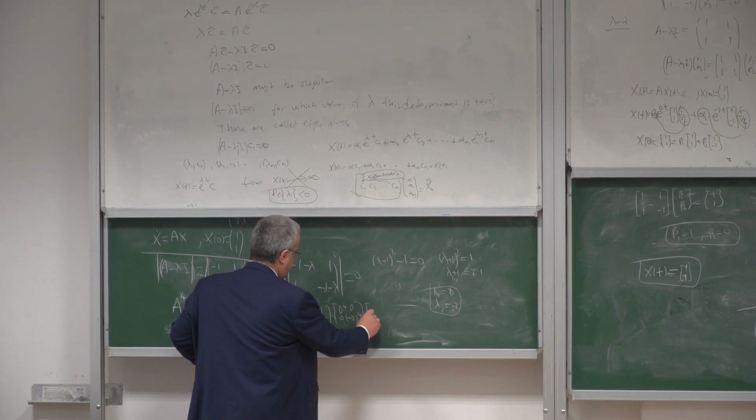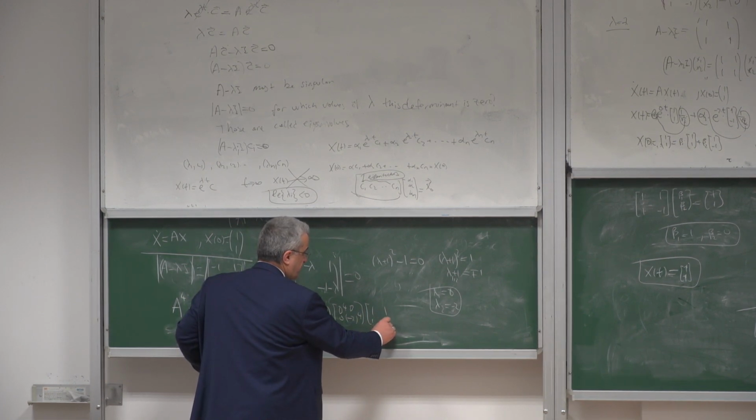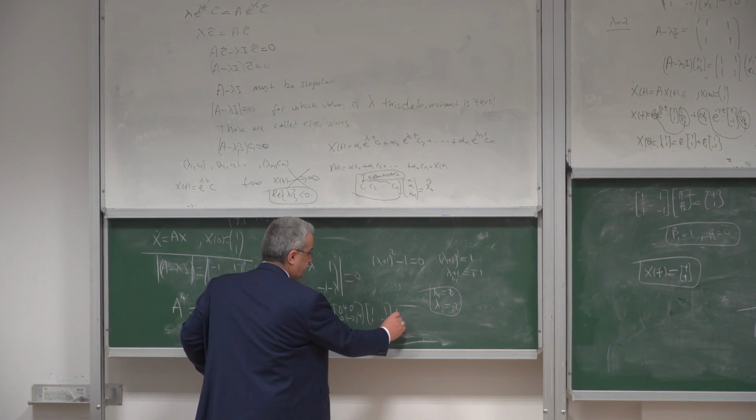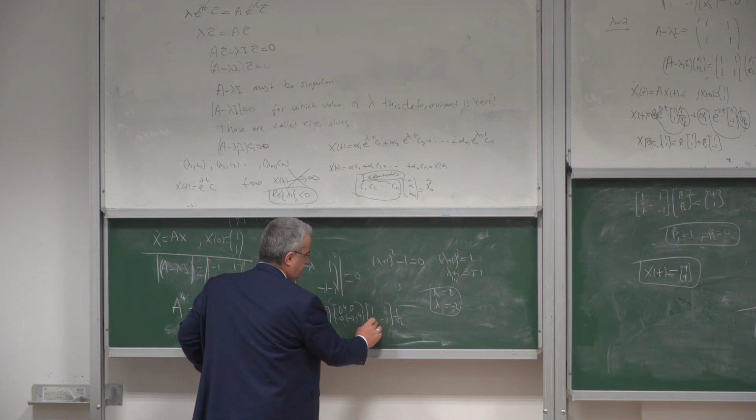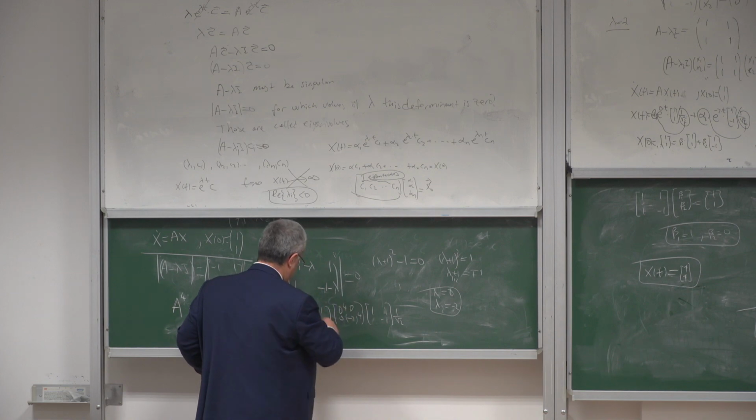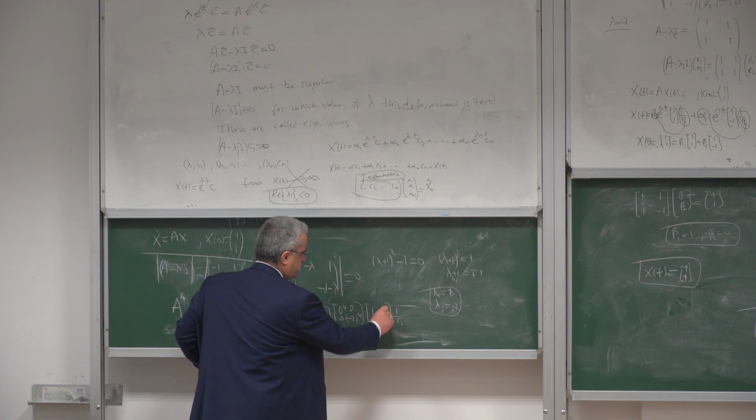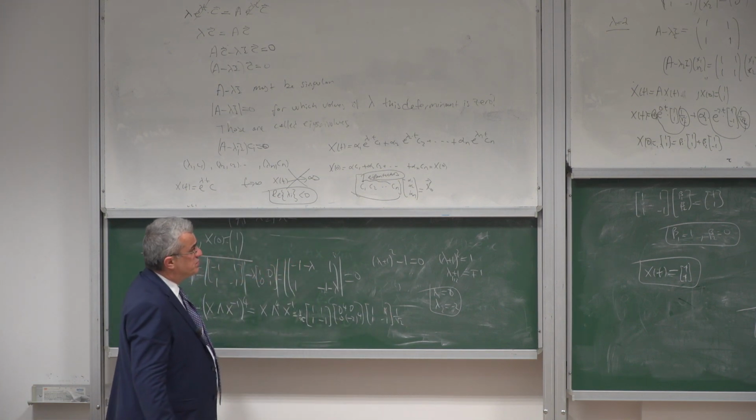And you have here 1, 1, 1, minus 1, times 1 over square root of 2. It's transpose is equal to itself.